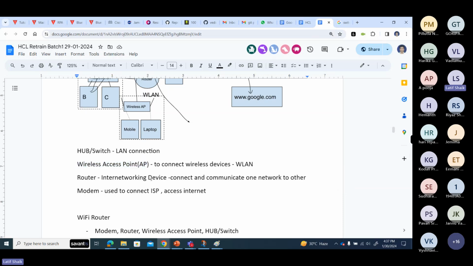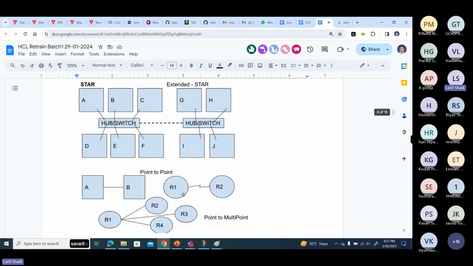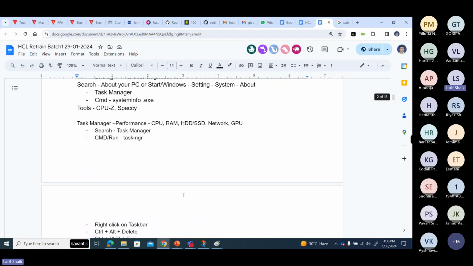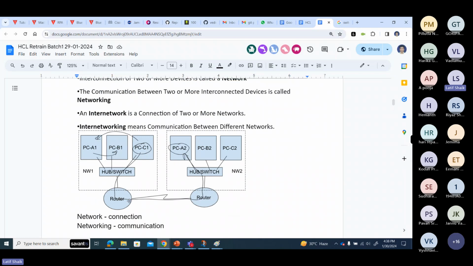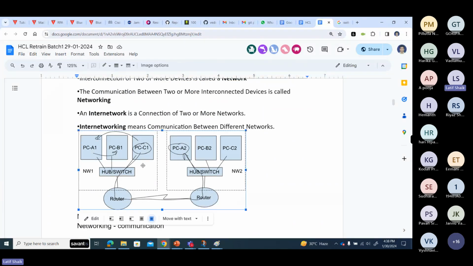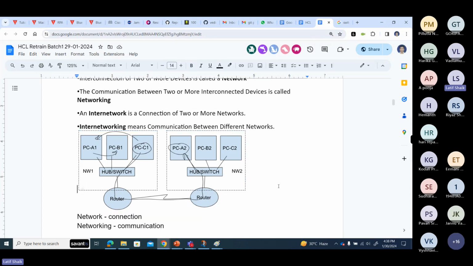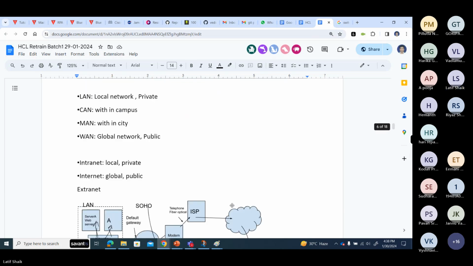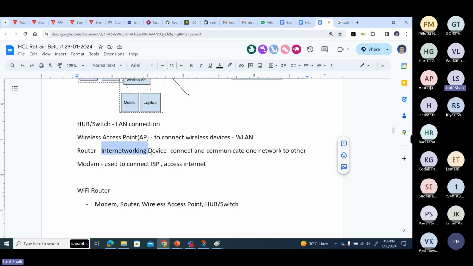Router is an internetworking device. So we showed already, the first thing is router is here and internetworking. This is a network. This is a network. How are we connecting different networks? Using a router. Router is an internetworking device. Connect and communicate one or more networks using this network.